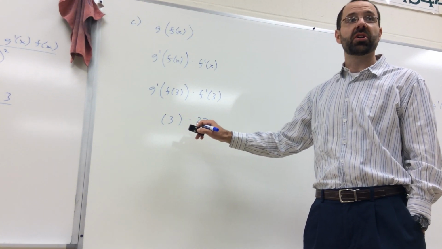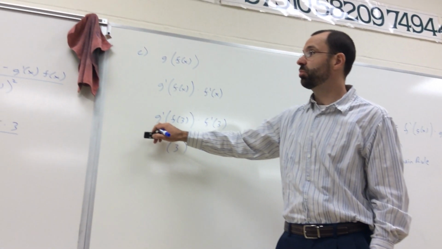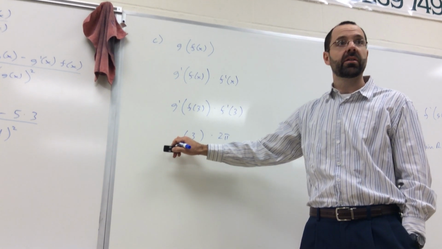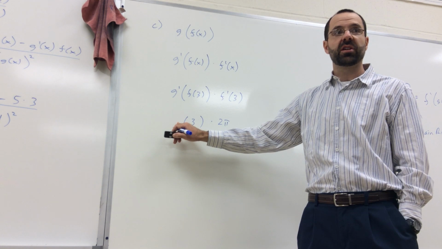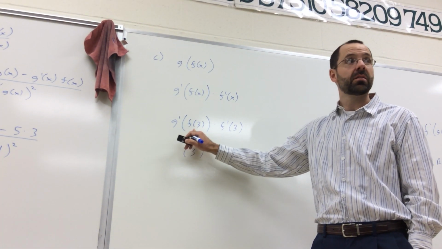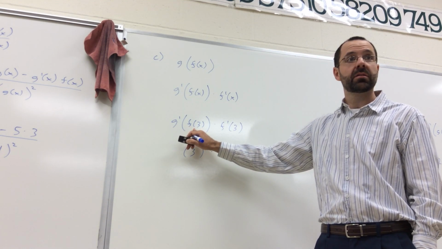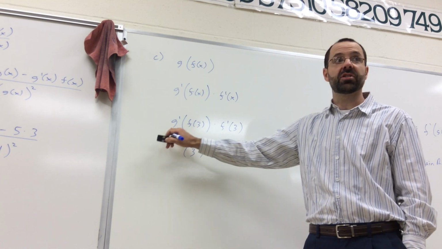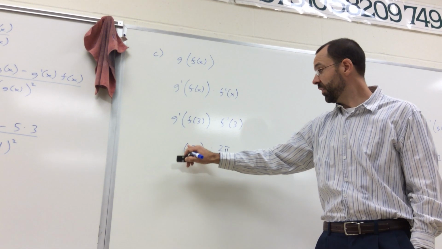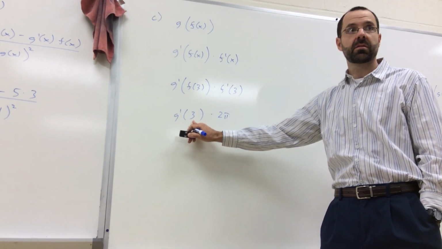Okay, now here's where people are going to go wrong. They're going to find g prime of 3, right? And they're going to put a -4 there. The reason they're tempted to do that is because this looks like multiplication, right? You see how the g prime is right next to the f? So this appears to be multiplication. But this is not multiplication. This is this plugged into g prime. Are you with me?